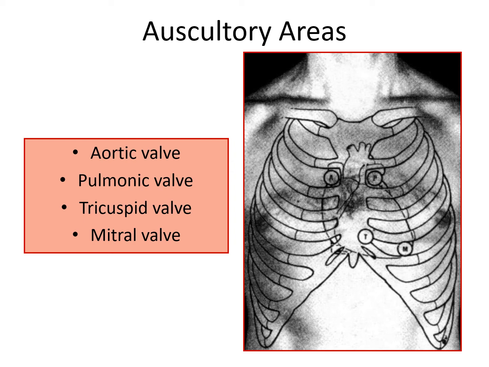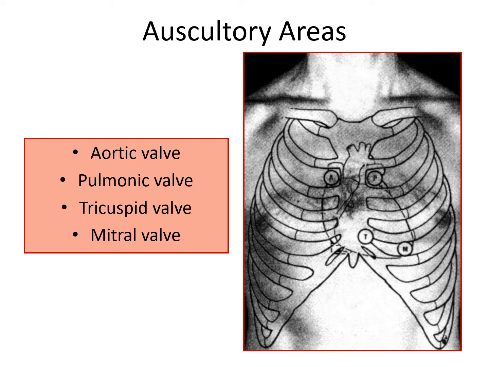I always thought that was kind of strange in the past when I would see a doctor listen to heart sounds and place his stethoscope on the right side of the chest. Now I understand that because that's the direction that the sound travels. And then the pulmonic valve can best be heard again on the second intercostal space, but on the left side of the chest at the sternal border.